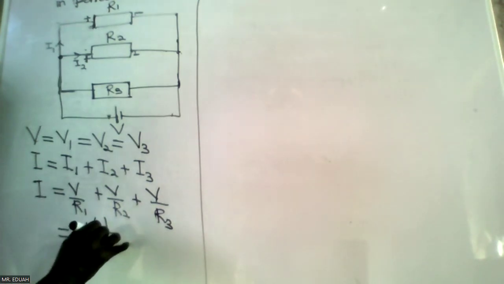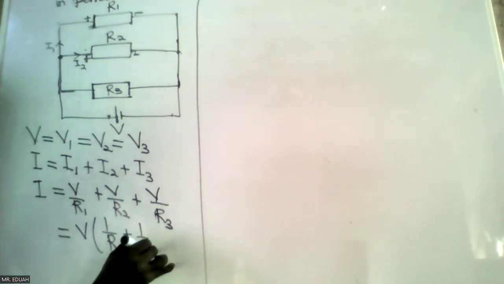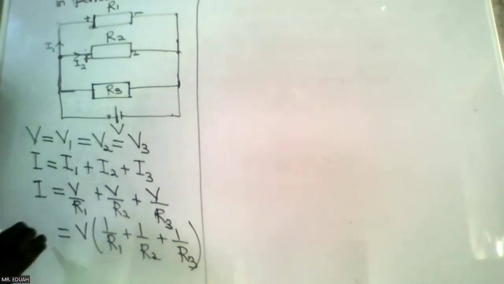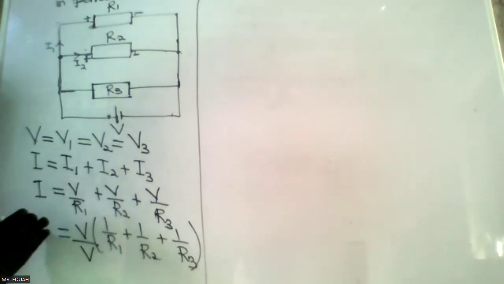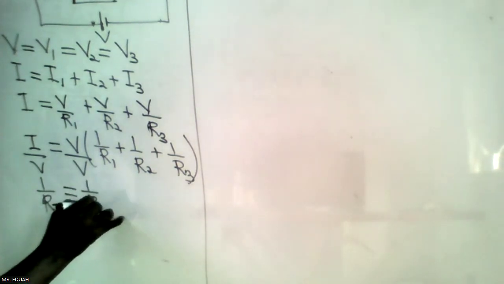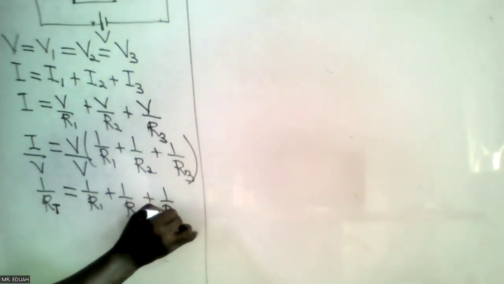So we have V, and when we divide through by V, we have I on V. I on V is equal to 1 over R total, or R equivalent. This is 1 over R1 plus 1 on R2 plus 1 on R3.